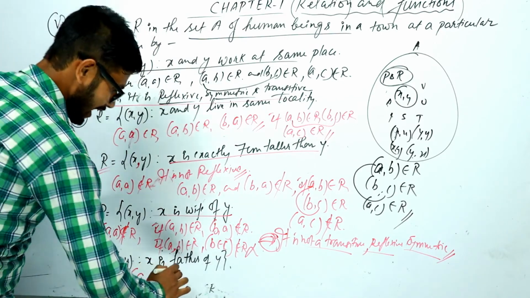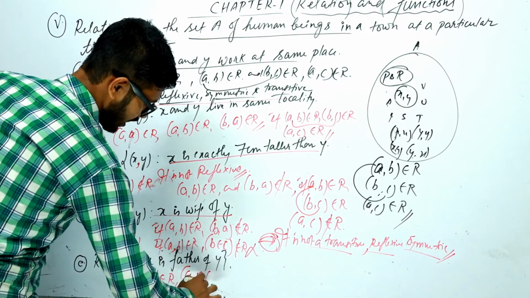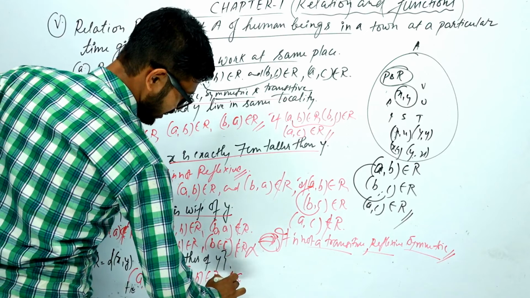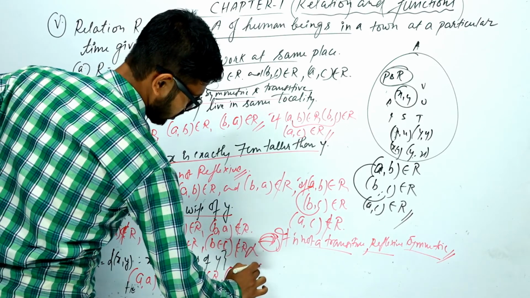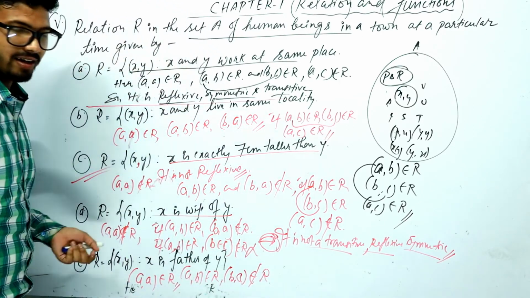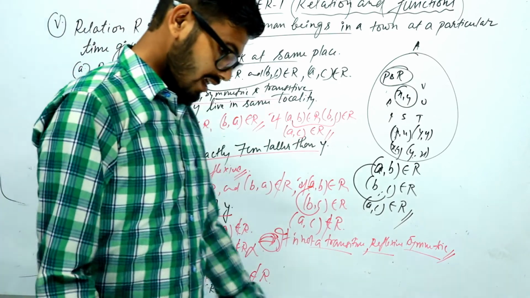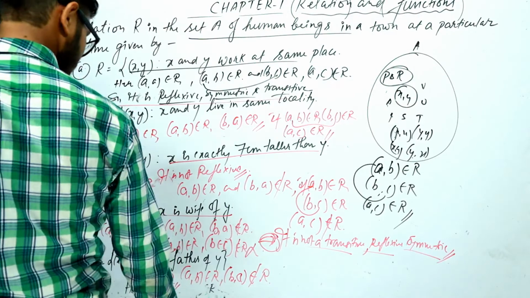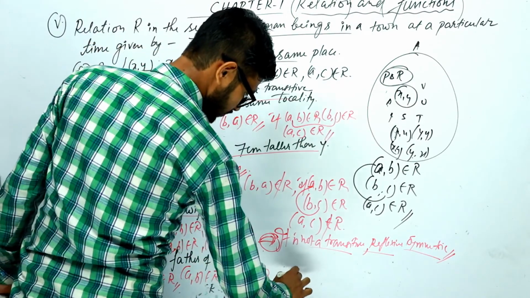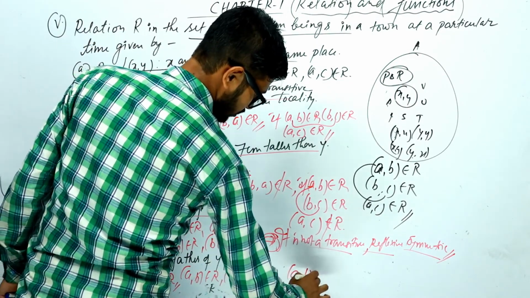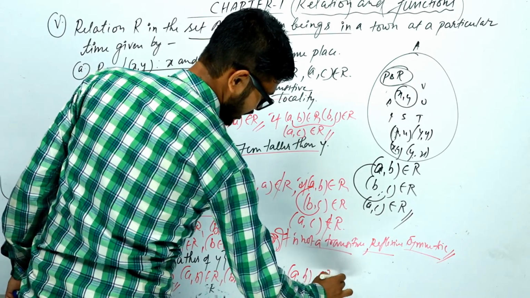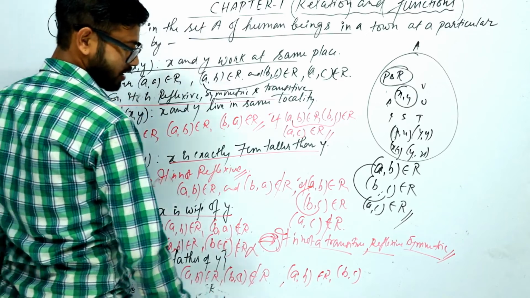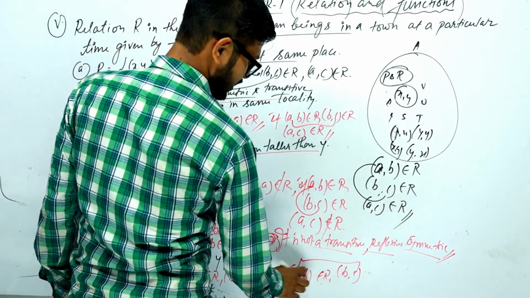Can I say a comma b belong to R? Yeah, I can write that a is the father of b. And can I write b is the father of a again? It is not possible. It is not symmetric. Now let us see the last part of this. If a is the father of b and b is the father of c, then a is the grandfather of c.